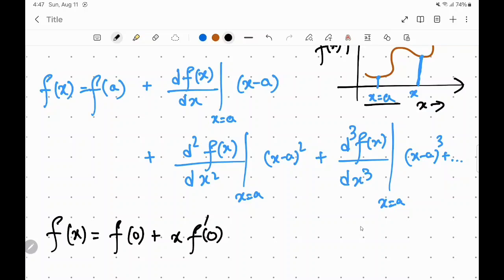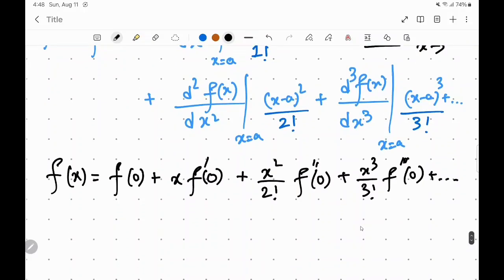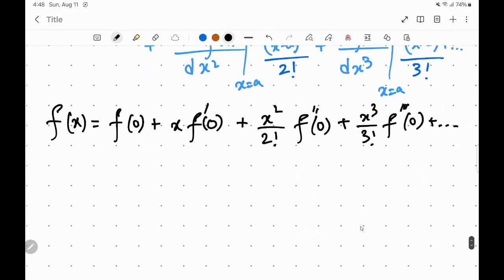One thing I missed: there will be 2 factorial, 3 factorial, 1 factorial, factorial things as well. So then it will be x square by 2 factorial into f double dash 0, plus x cube by 3 factorial and so on. This is the general formula you can use.